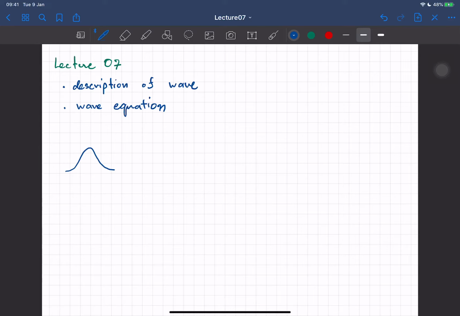What's happening is that this pulse again looks the same, except it's traveling in this case maybe to the right, something like this. So it's moving to the right, this pulse of wave. That's what we are trying to describe mathematically.